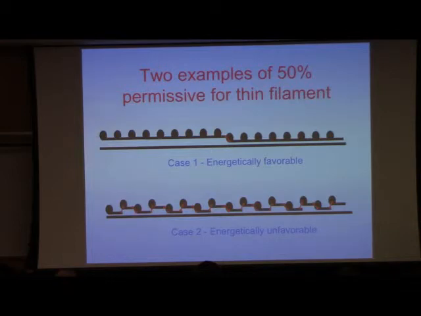So alternating. Now, this gamma term, which is the communication between neighbors, is kind of like stretching a spring. When you're different from your neighbors, it's like stretching a spring. So this is favorable because you're only stretching one spring. If you did this, you'd be stretching every spring. So this is energetically favorable.